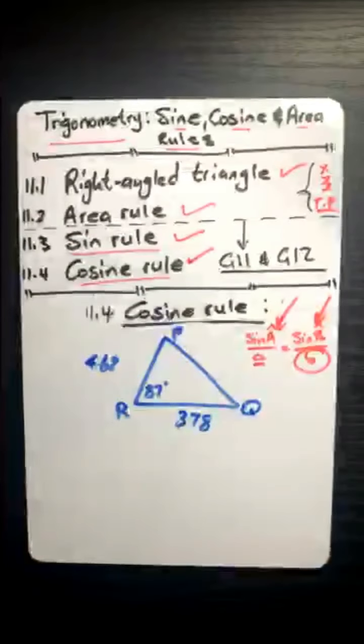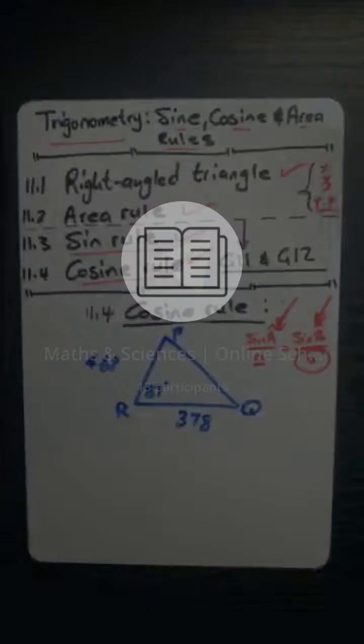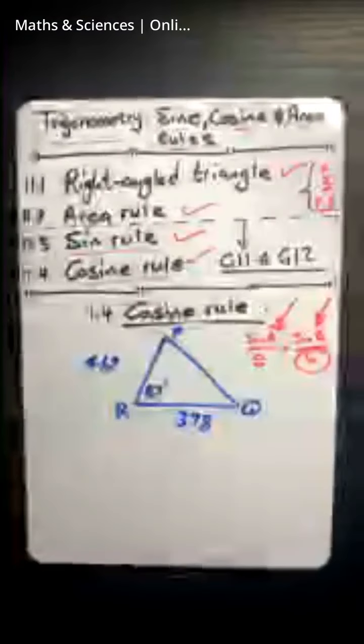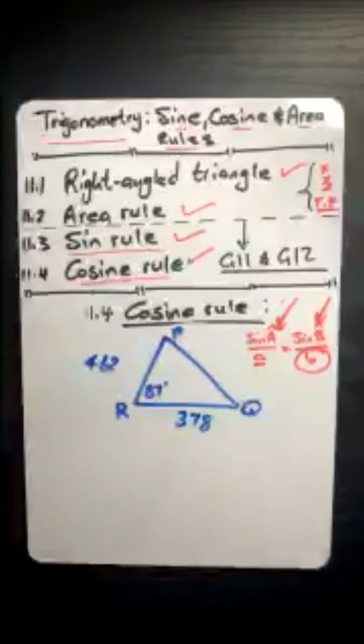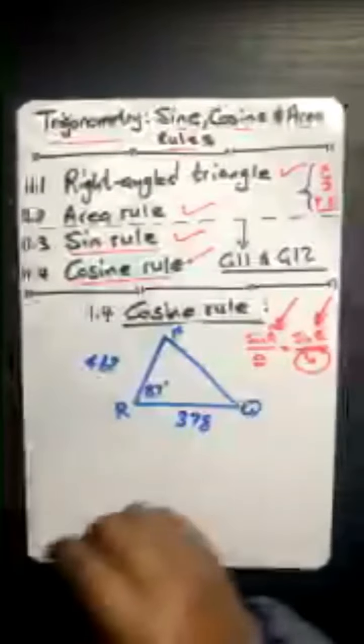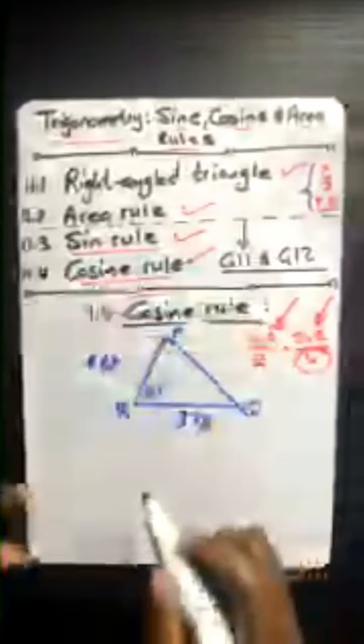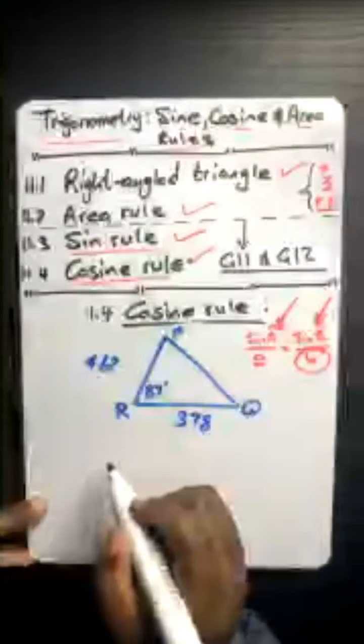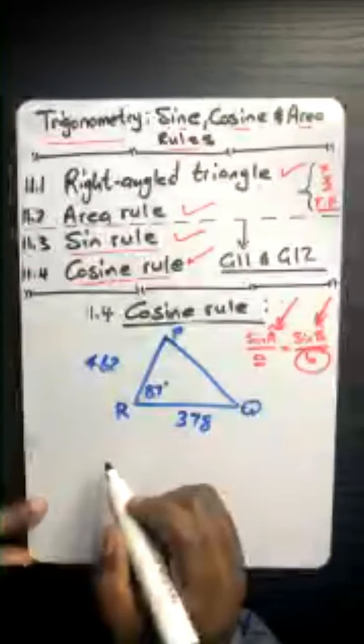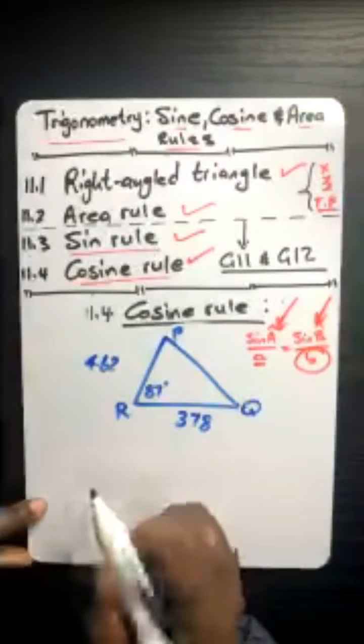Okay, so since we have an angle and the sides, we're going to use the cosine rule, which says r squared. Small letter r.